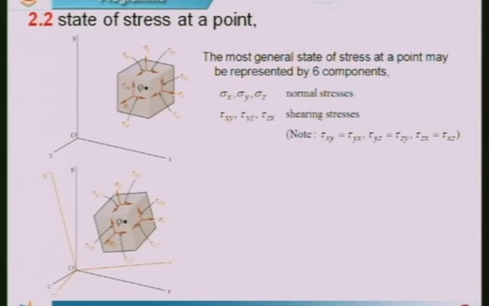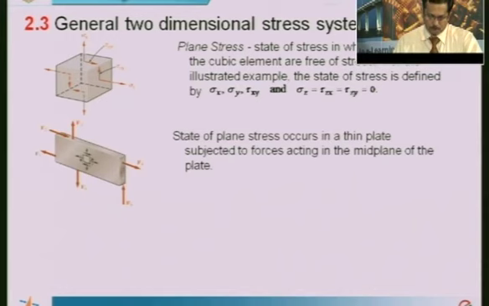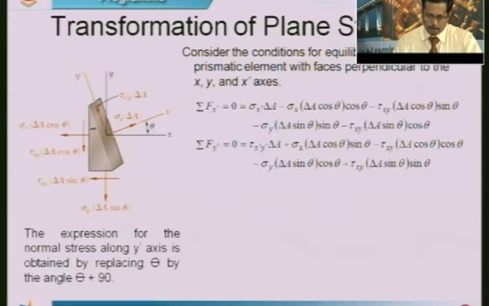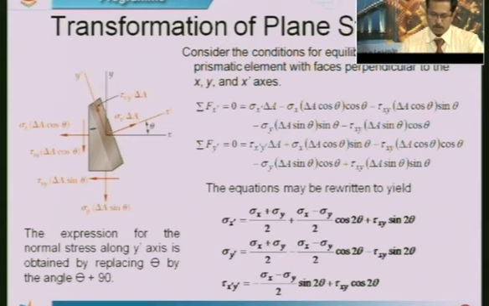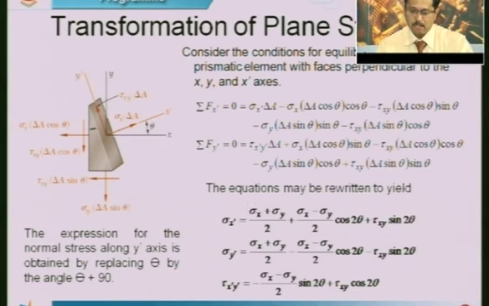So we had discussed the introduction, this is the slide. Then we had discussed the state of stress at a point and how to get the stresses on different planes. Now, transformation of plane stress: I had derived the expression to obtain the normal stress on any given plane, given by this equation, as well as the shearing stress given by this equation.